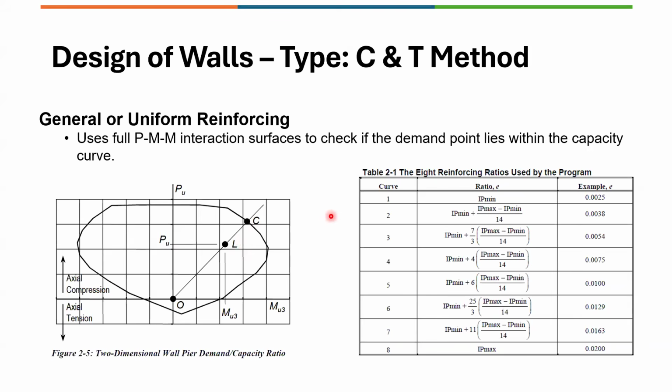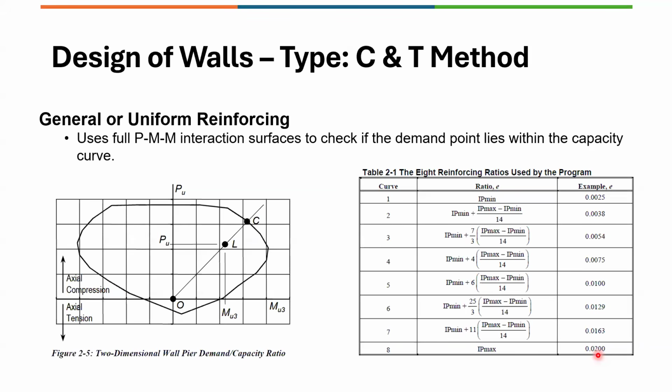And for the design, the program uses 8 reinforcing ratios, specified by the minimum and maximum values in the design preferences. You can see the table here displays the ratios and how the ratios are calculated within. So 8 ratios between 0.0025 and 0.02. Our recommendation is to start with this ratio.